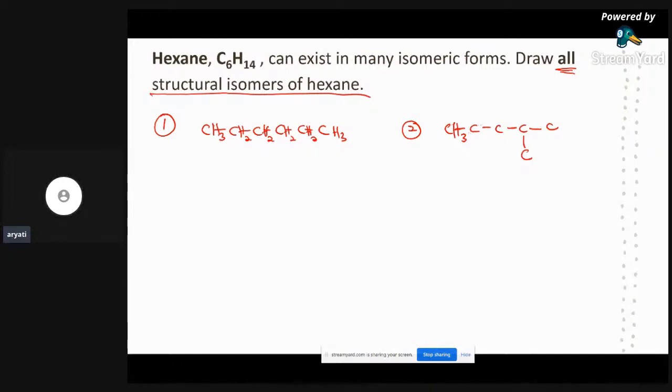So 3, 4, 5. Sorry, 3. So ini yang CH2. 3, 4, 5, 6, 7. So sini 1 hydrogen, 8, 9, 10, 11, 12, 13, 14. So they are ada one branch at carbon number 2.